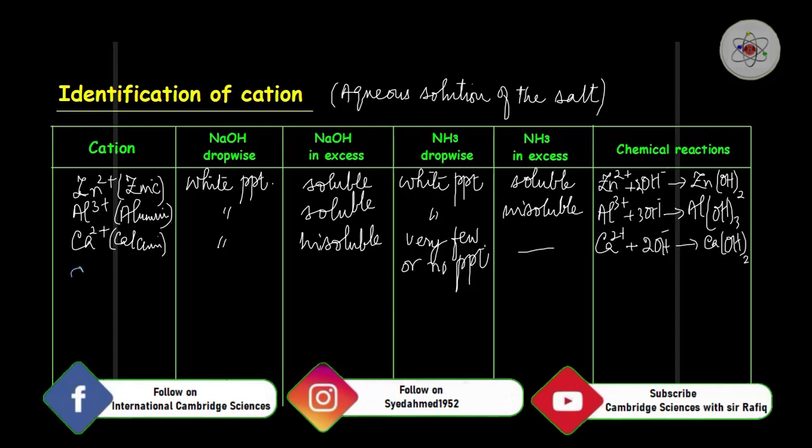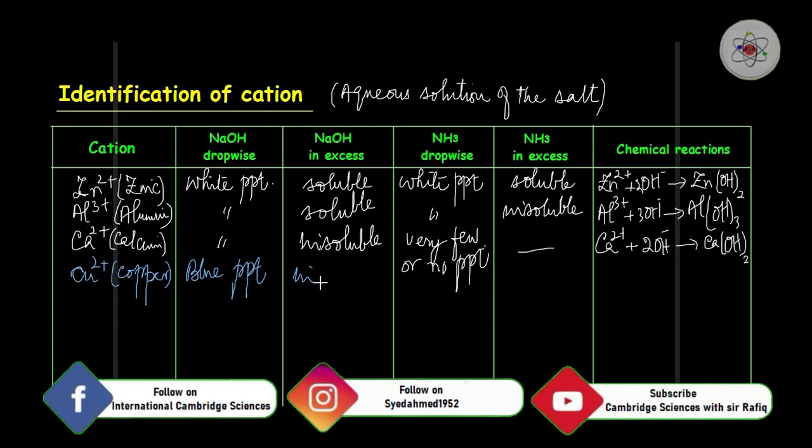Right, so moving on, copper now. As I'm using blue color, we can say that copper ions give out a blue precipitate when we add a few drops of sodium hydroxide, right?